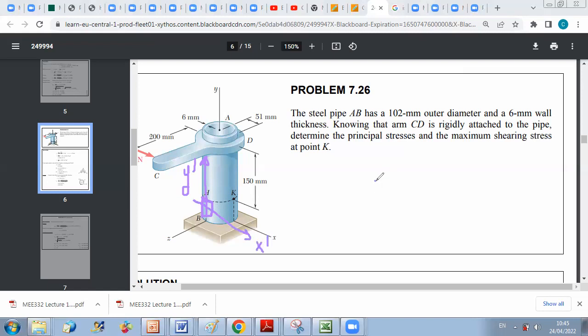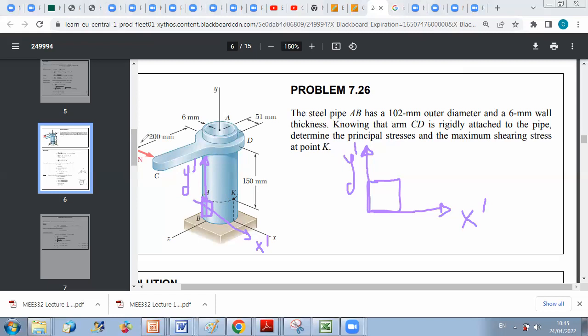And then I can represent this element in 2D and say these are y prime and x prime. And I want to see the effect of the shear, bending moment and torsion moment resulting from this force.